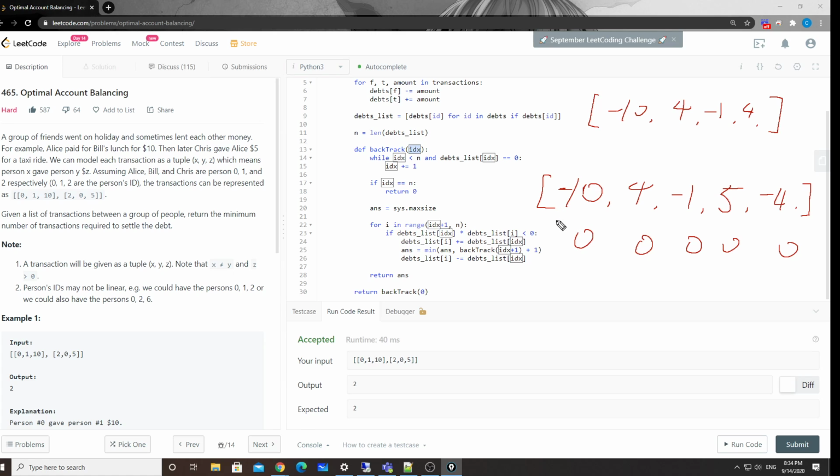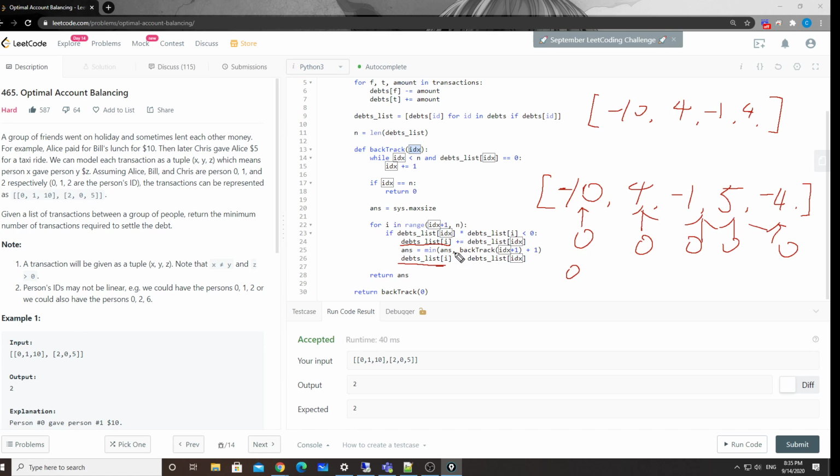Basically on each movement, if this one is 0, okay, whoever has the settlement later on is being calculated here. After this settlement, at least the current position is settled, so we can just move the index to the next one, until all the numbers have been settled.